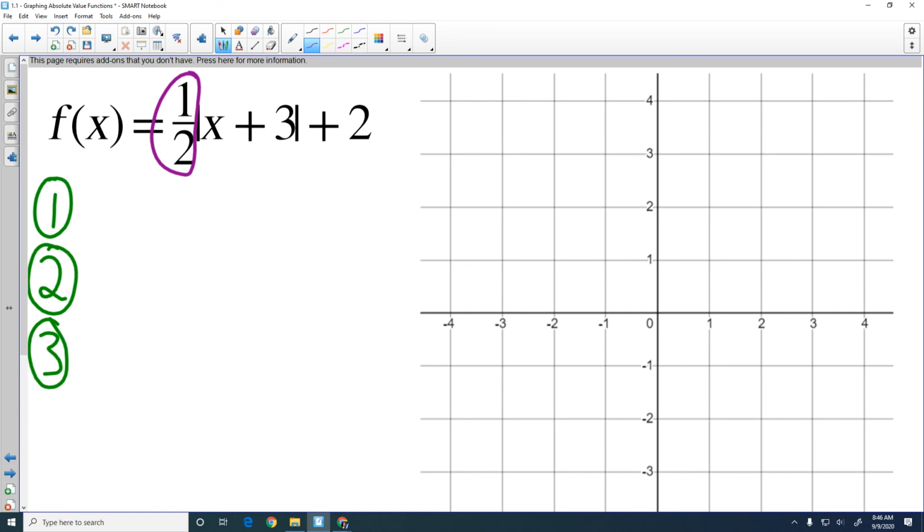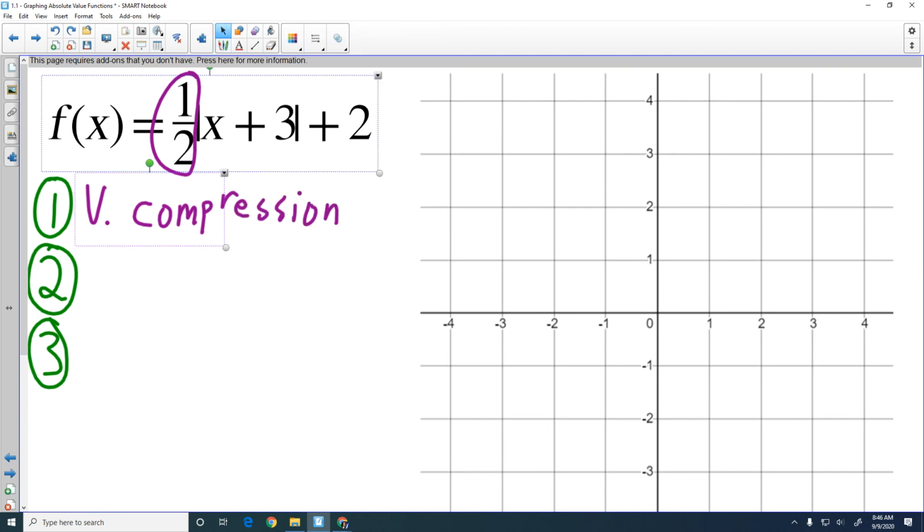So is that going to be a vertical stretch or a vertical compression? Compression. It's going to be squished down, right? So I'm going to write this is a vertical compression by 1/2, right?